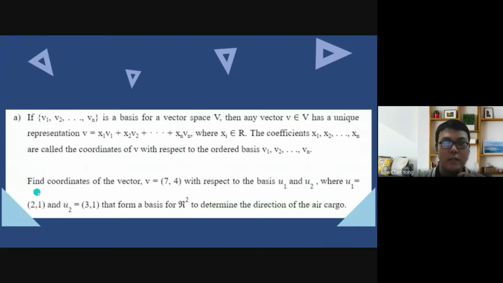So the question needs us to find the coordinates of the vector v equals (7, 4) with respect to the basis u1 and u2, where u1 is equal to (2, 1), u2 is equal to (3, 1), that form a basis to determine the direction of the cargo.